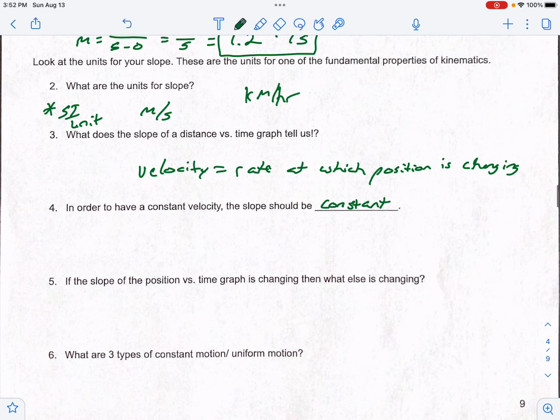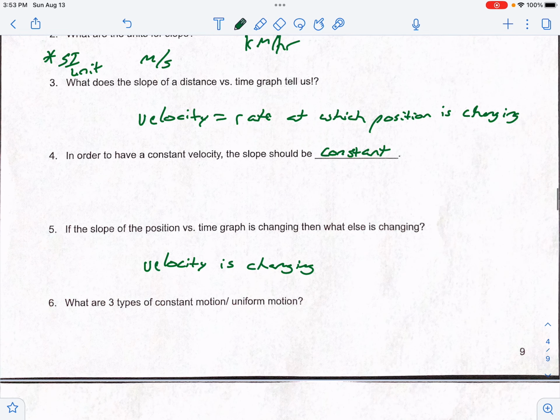Number 5, if the slope of the position versus time graph is changing, then what else is changing? If we keep repeating over and over that slope equals velocity, and now my slope is changing, that means my velocity is changing. And then number 6, the last one: what are the three types of constant motion, or uniform motion, that we've been talking about?